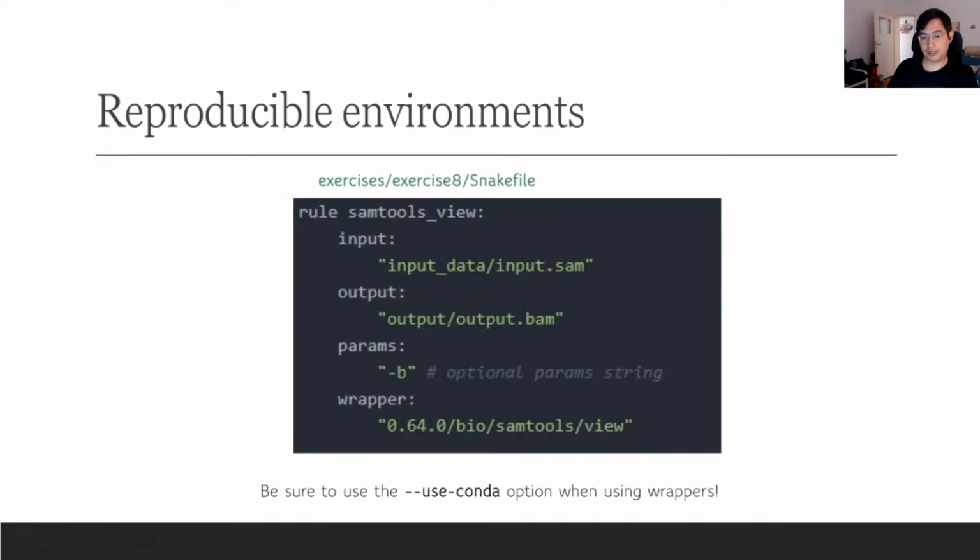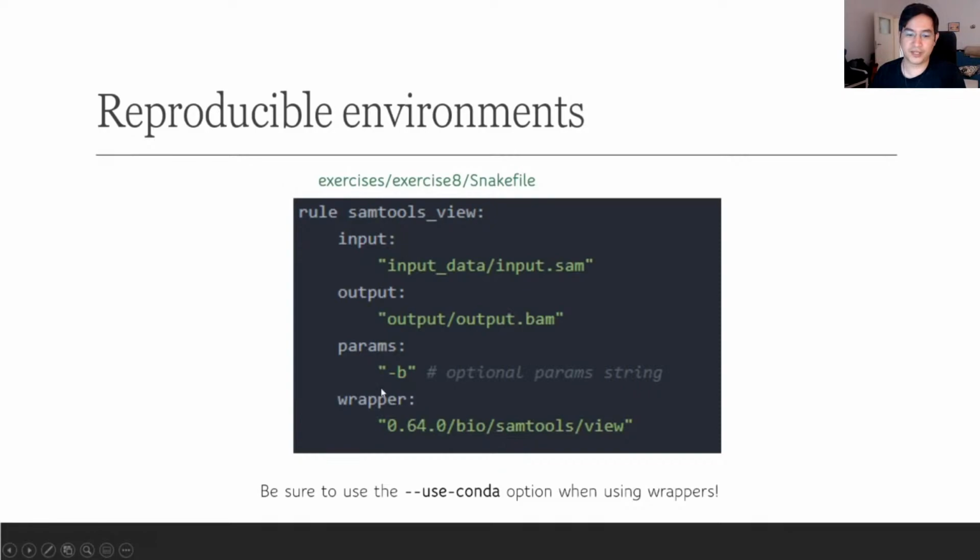So for example, what this looks like in practice is, until now these have been sort of dummy rules, but this is actually using samtools, which is specified in this samtools wrapper, and in this case it's going to do something very simple, which is to create a BAM file from a SAM file, which we can do using the -b parameter if you have used samtools in the past.